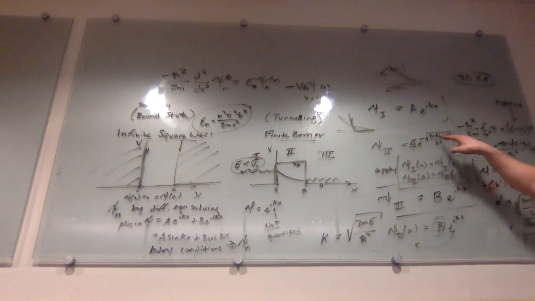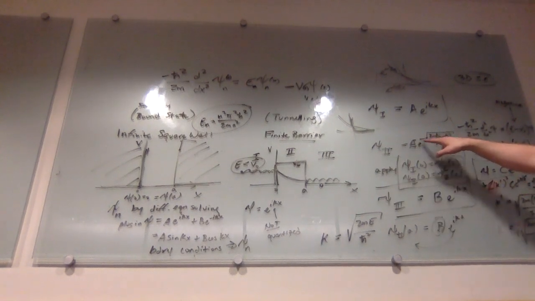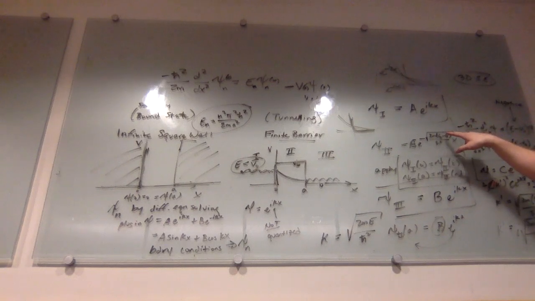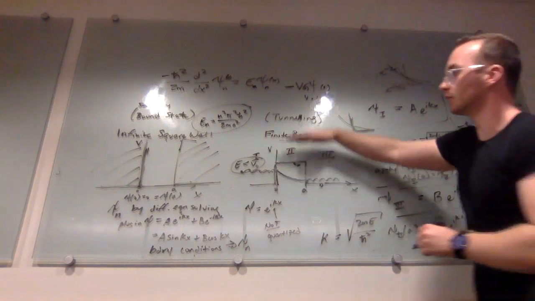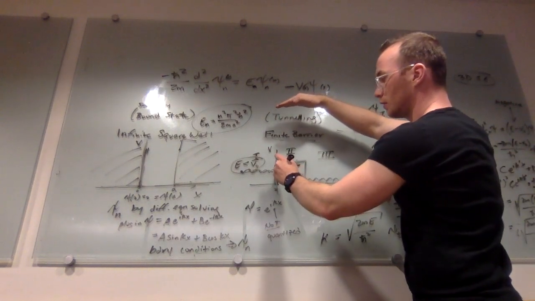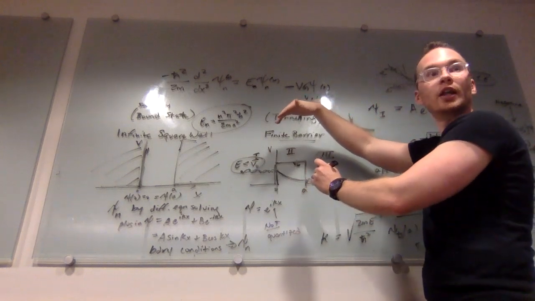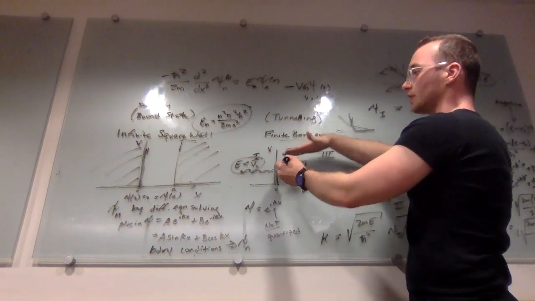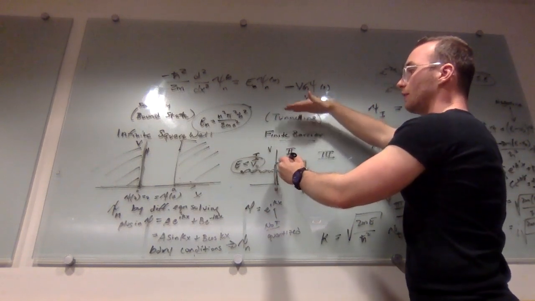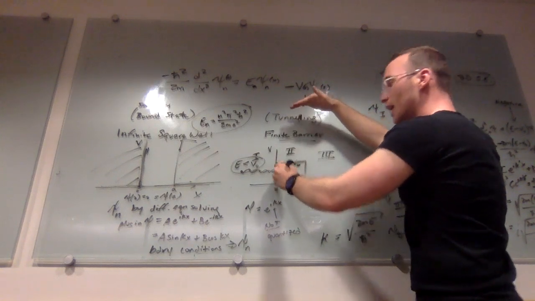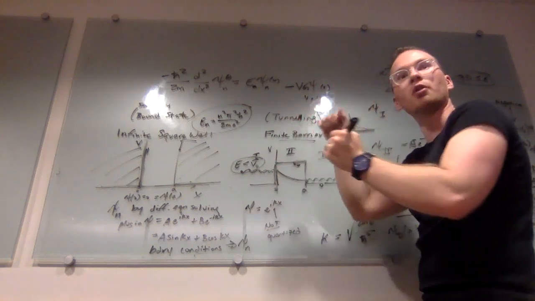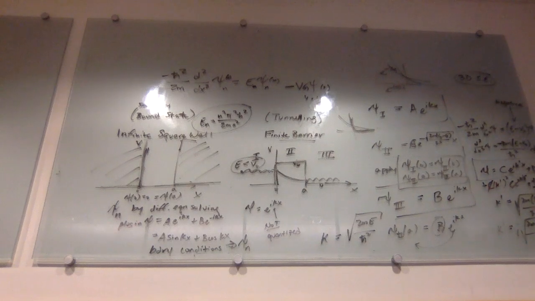And so if you make V naught higher and higher, you get e to the minus a bigger number. Therefore, if this was really tall, it would have a very low probability of tunneling. You can think of it as the barrier: if it's really tall, it takes a lot of energy to tunnel through, and therefore it'll decrease very sharply.